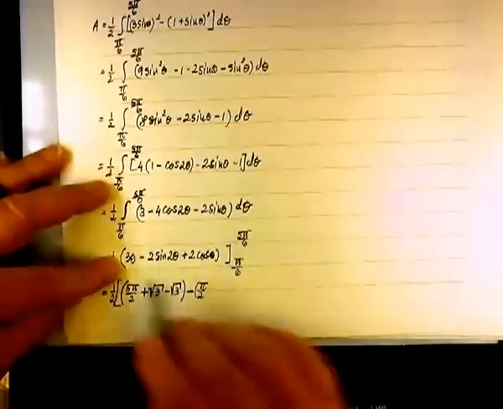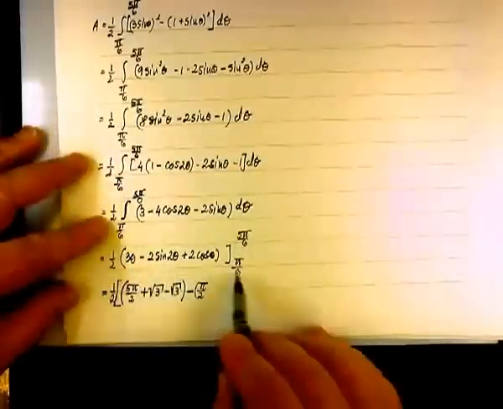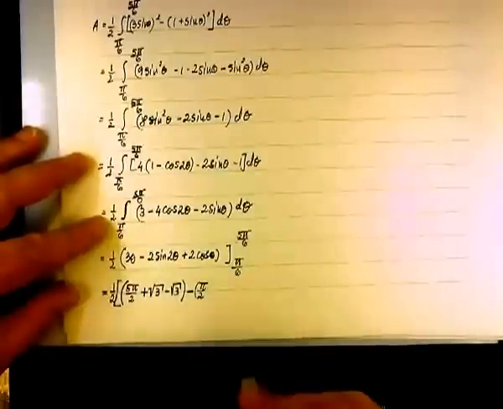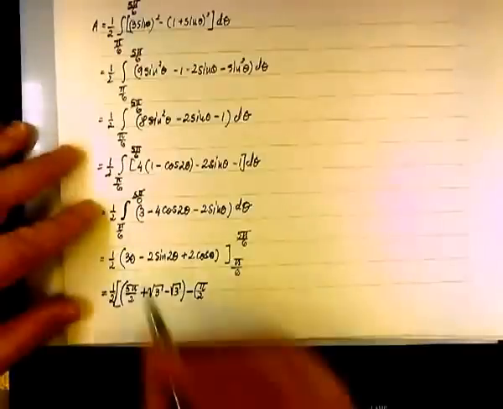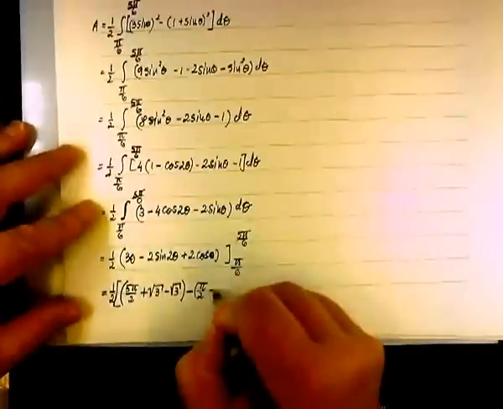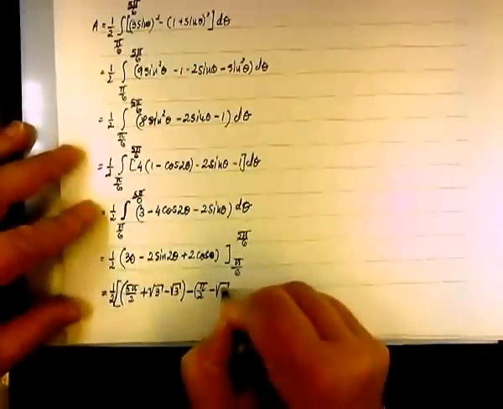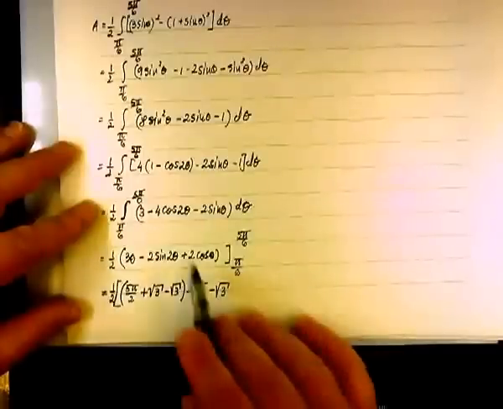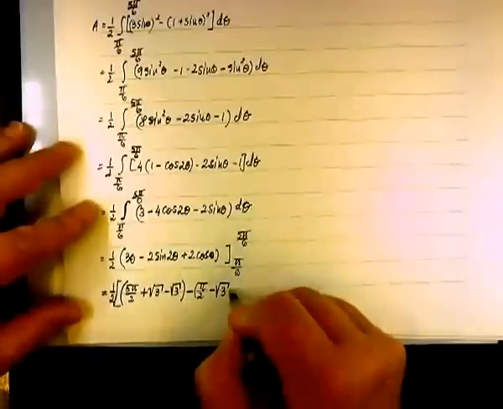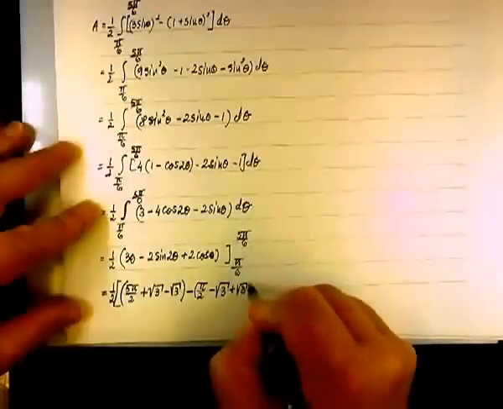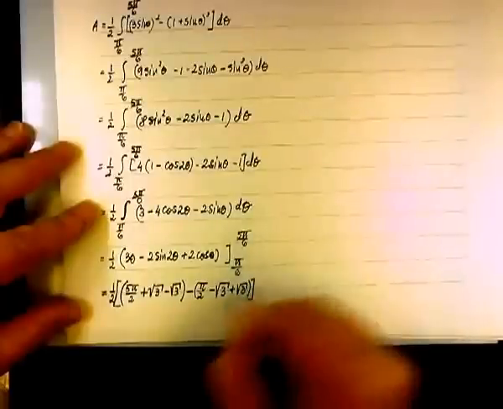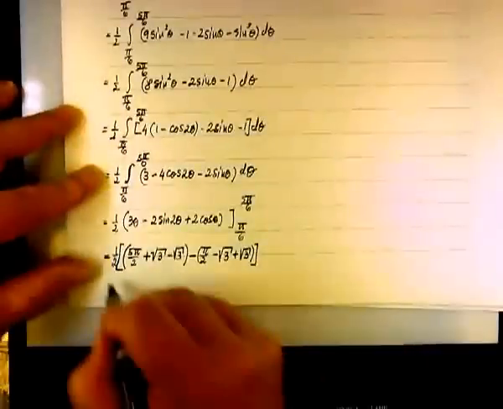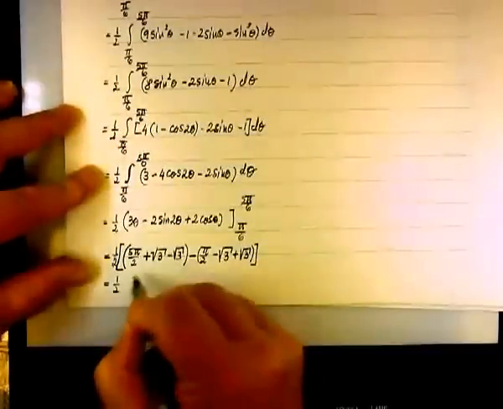So we have 3 times pi over 6, that will be simply pi over 2. And minus 2 sine of pi over 3. Sine of pi over 3 is square root of 3 over 2, but we have 2 of those, so this will be minus square root of 3. Cosine of pi over 6 is square root of 3 over 2 times 2, plus square root of 3. Once again, the radicals cancel.